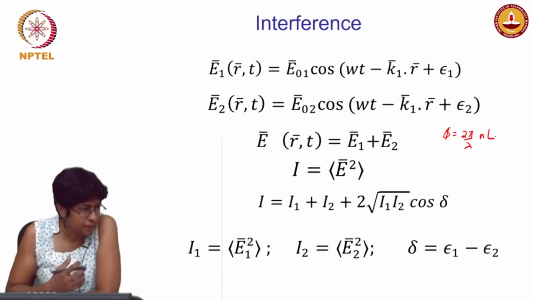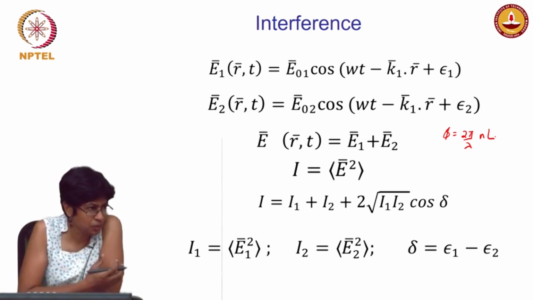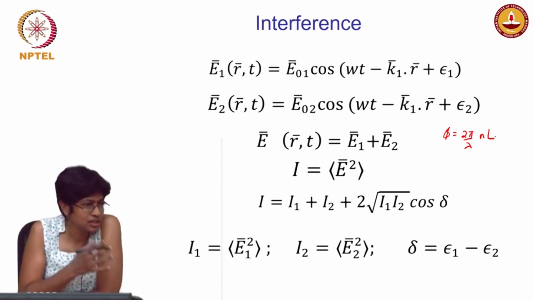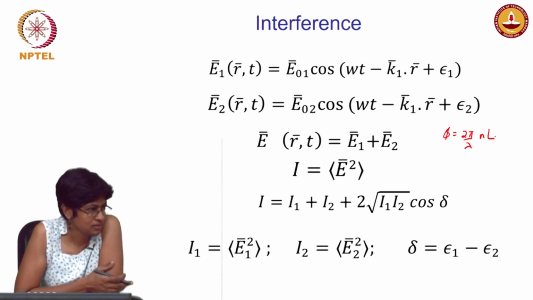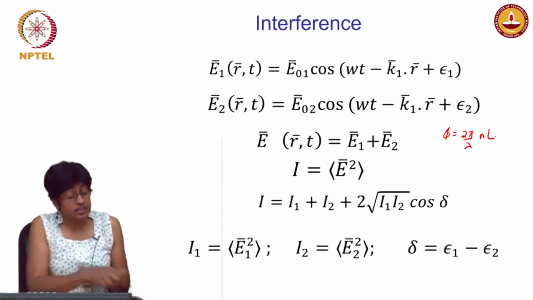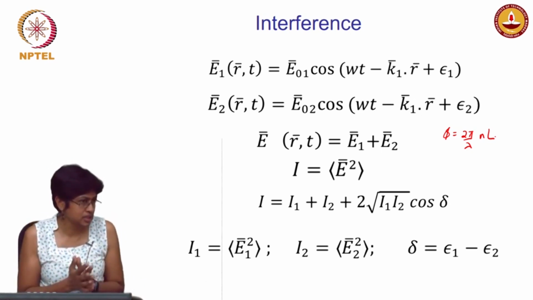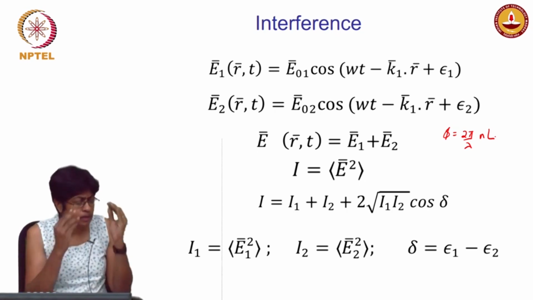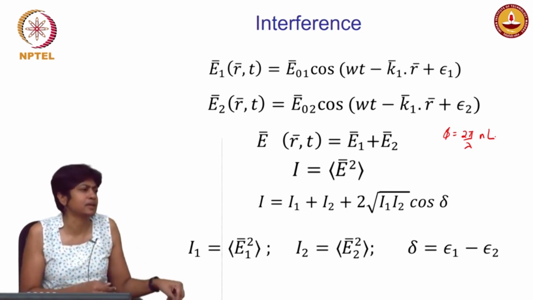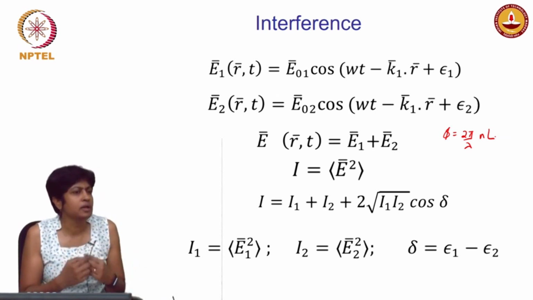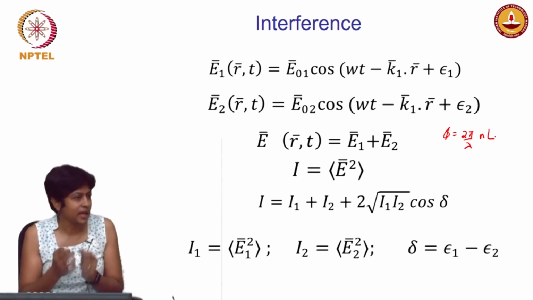Now if somehow, so what does interference allow me to do? It converts this phase into an intensity. That is really why the interferometer is such a powerful instrument or method of measurement, because, so how do we see something? If I'm talking about a person, we use our eyes to see.